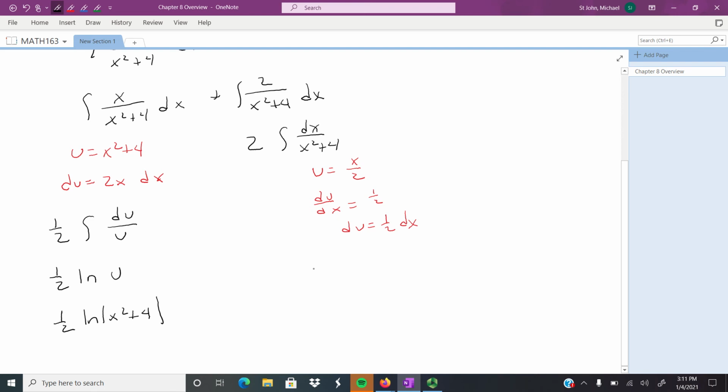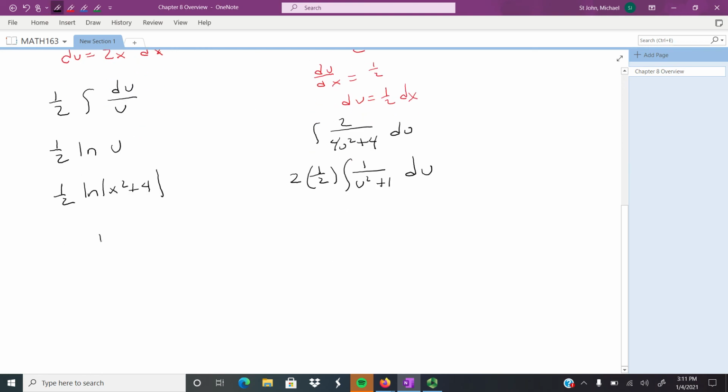And so we're going to make some substitutions here. This is going to give me 2 over (4u squared plus 4) du. So this will be 2 times 1/2 times the integral of 1 over (u squared plus 1) du.